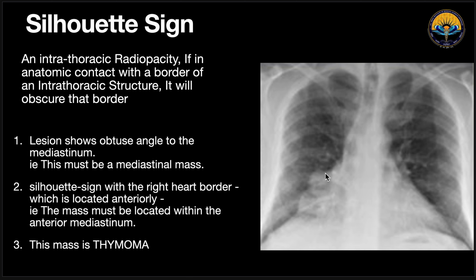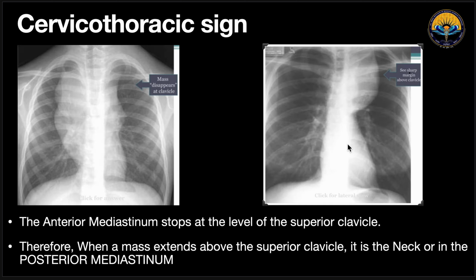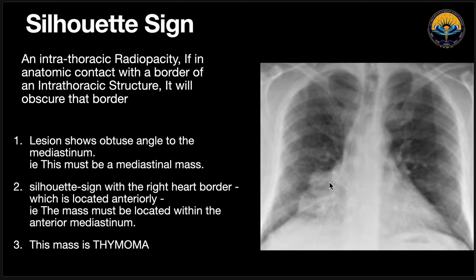So if we see a mass here, and because of the obtuse angle we know it's a mediastinal mass, then we should see a normal right atrial heart border, but we cannot see the right atrial heart border here. That means the mass has silhouetted the right heart border, and this means the mass is on the same aspect as the right atrium, meaning it's either in the anterior or the middle mediastinum.